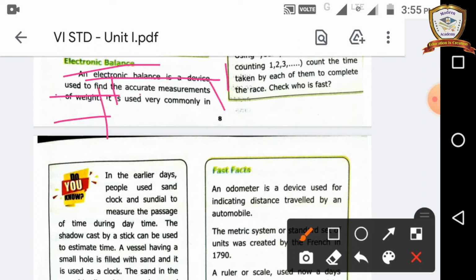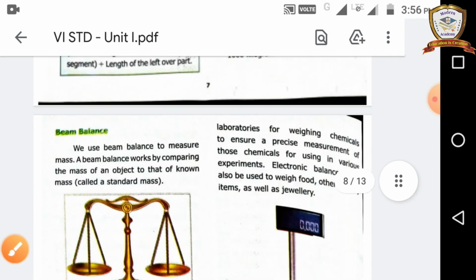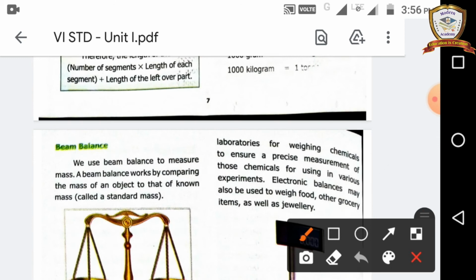It is used very commonly in laboratories for weighing chemicals to ensure a precise measurement of those chemicals for using in various experiments. Electronic balances may also be used to weigh food, other grocery items as well as jewelry.